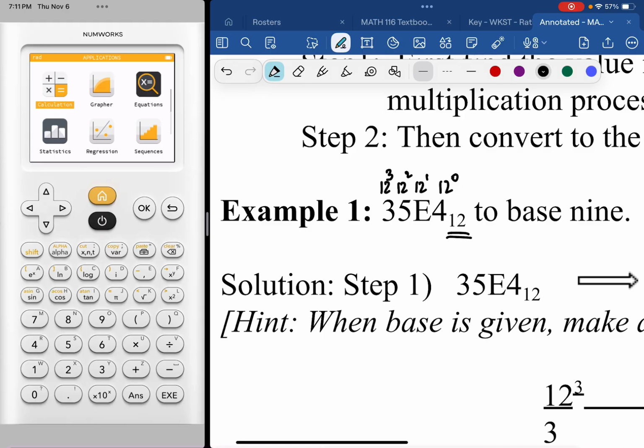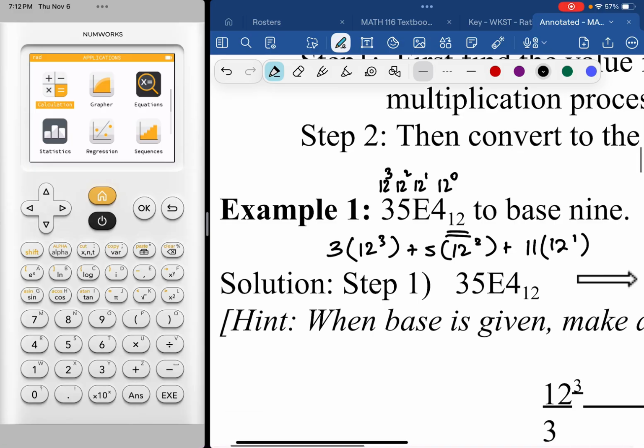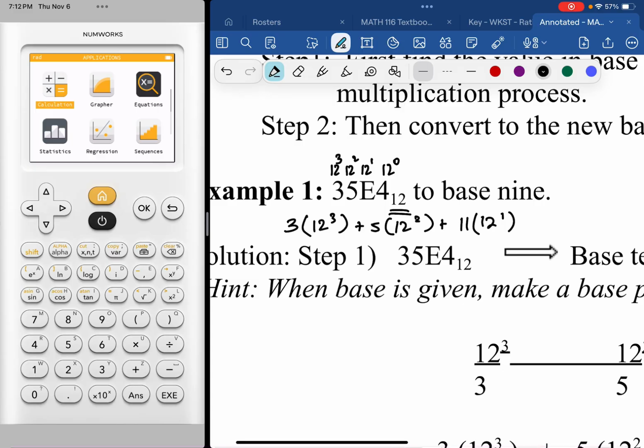So that would be 3 times 12 to the third plus 5 times 12 to the second plus E times, E is for 11, 12 to the first, and then 4 multiplied by 12 to the 0th power.